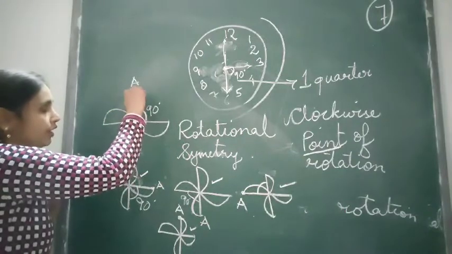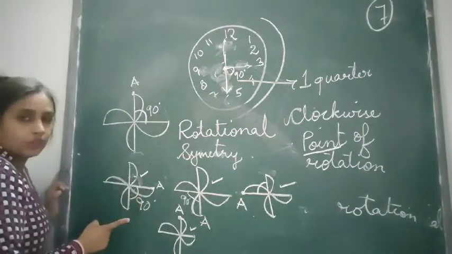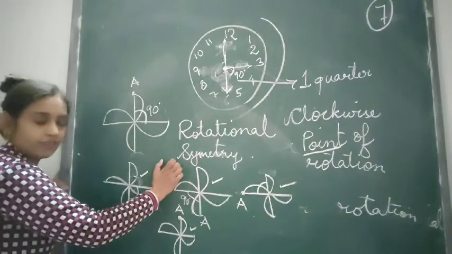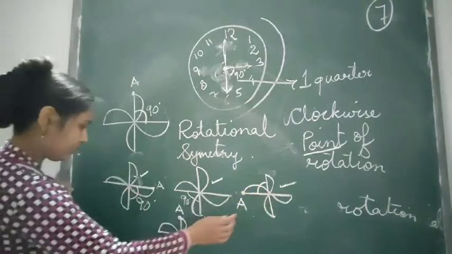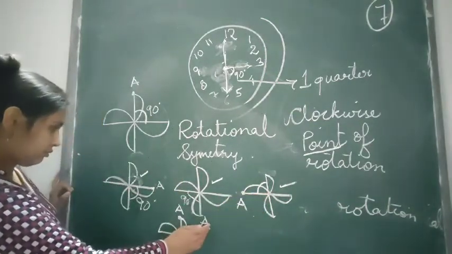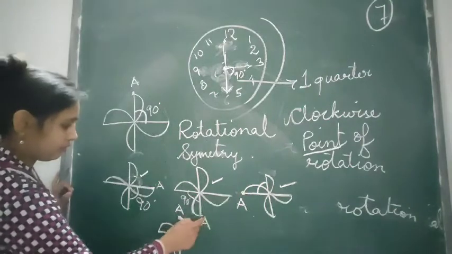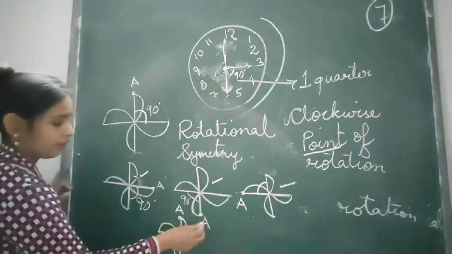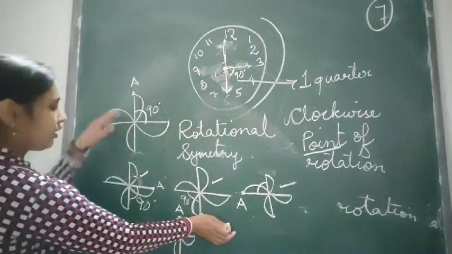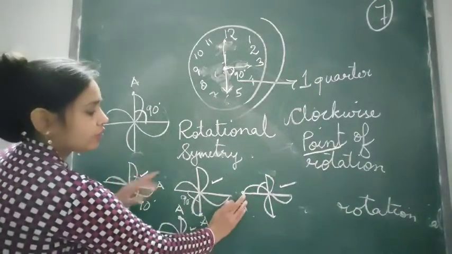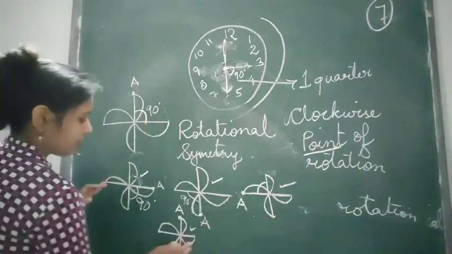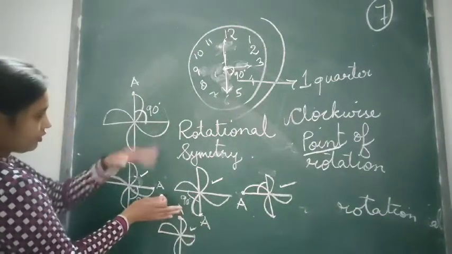Yes, so A reached here, no difference. If A is not there, there is no difference. Again, if A is not there, all the 3 images are same. Again, if A is not there, all the 4 images are same, all the 5 images are same.